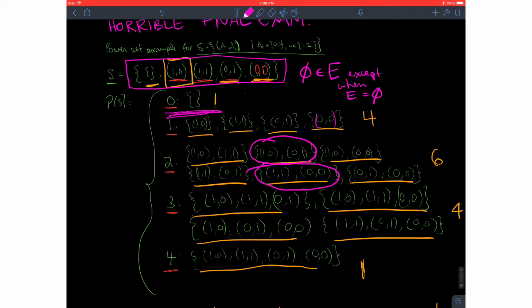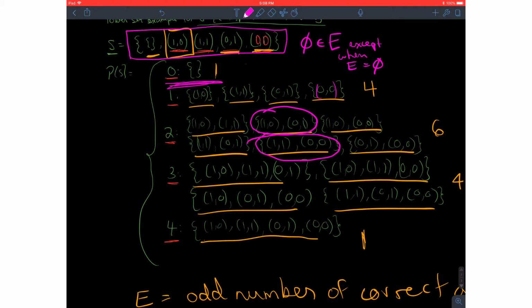Now, in this case, what I've done is enumerate them by the amount of elements inside of them. I started with 0, and that's just the empty set. It's the only one that has no outcomes in it.